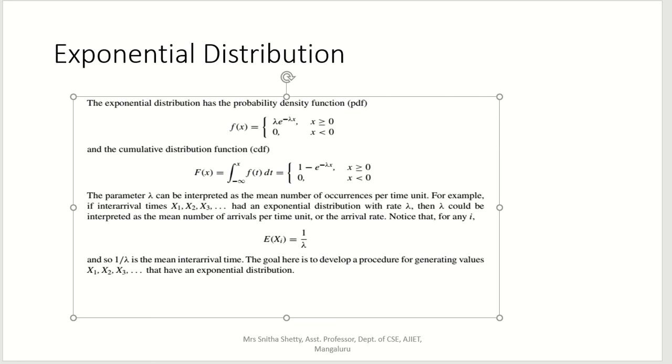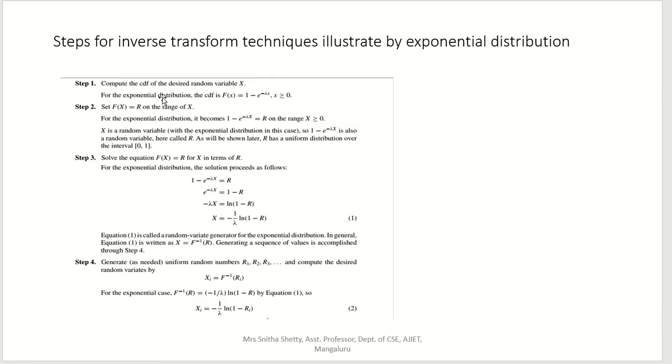Okay, so let's see how to generate the random variate using the exponential distribution in the inverse transform technique. The heading is steps for the inverse transform technique for exponential distribution. This is an algorithm. First, compute the CDF of the desired random variable x. You should know the CDF of the distribution we are seeing, which is the exponential distribution. So step 1, compute the CDF.